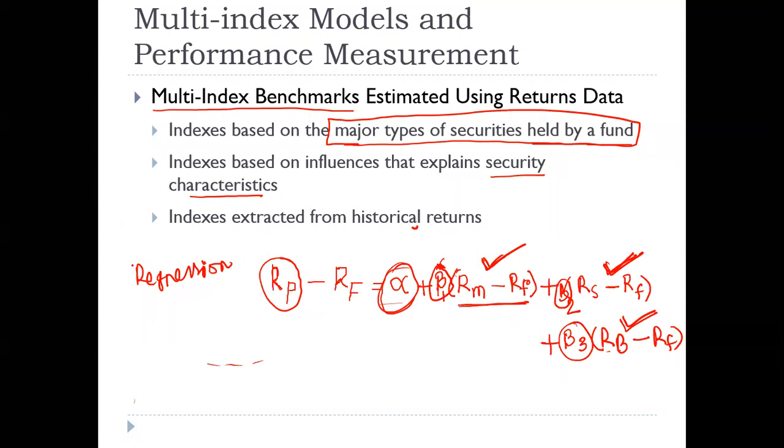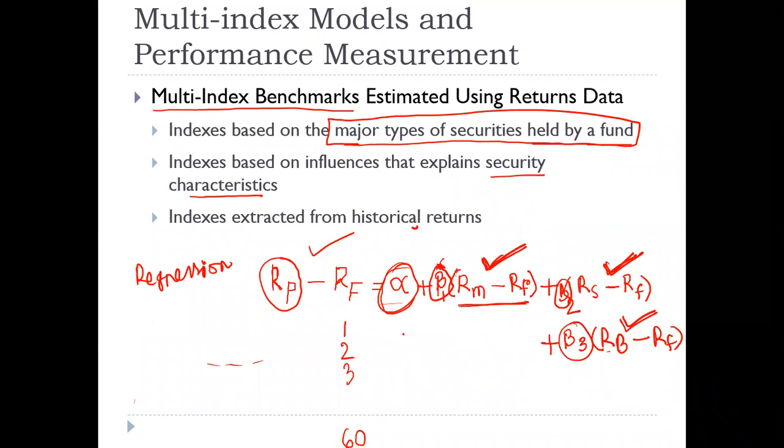So if we do regression analysis using this return and this return across time, say month 1, month 2, month 3, let's say about 60 months.